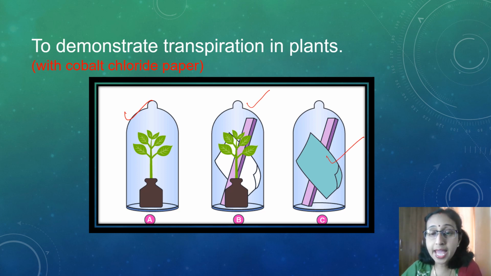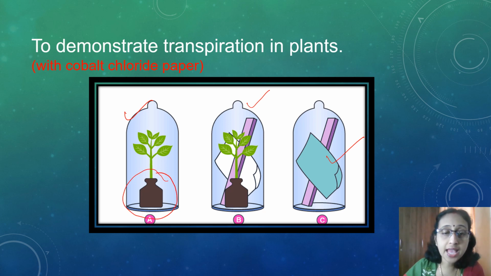So what is the characteristic of cobalt chloride paper? Cobalt chloride paper generally is blue in color, but it turns pink when it is absorbing a huge amount or even a slight amount of moisture. So let us see what is happening in this experiment. First we have taken a potted plant, and we have covered the full base with a plastic covering, as in the previous one, so that no evaporation occurs from the soil.